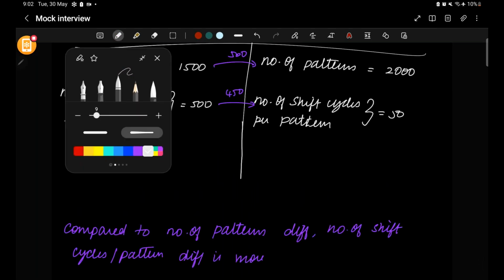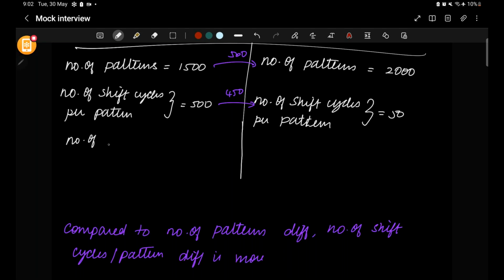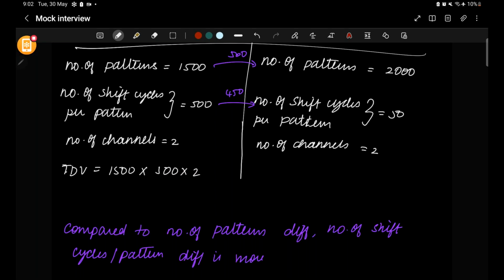Now the number of channels is going to be the same, because in this formula we have to substitute the top level channels. We'll just consider that to be 2. Now if you substitute in this equation, number of patterns into shift cycles per pattern into number of channels, you get around these many bytes, which is nothing but 1.5 MB.